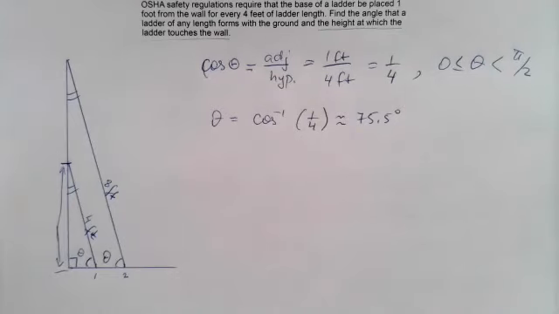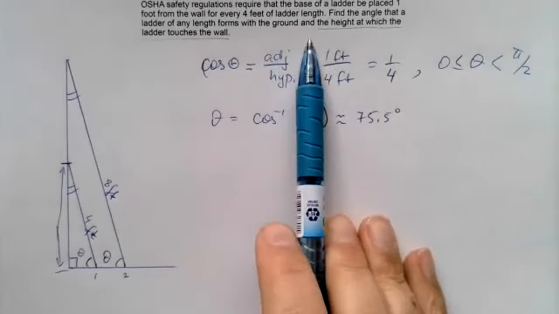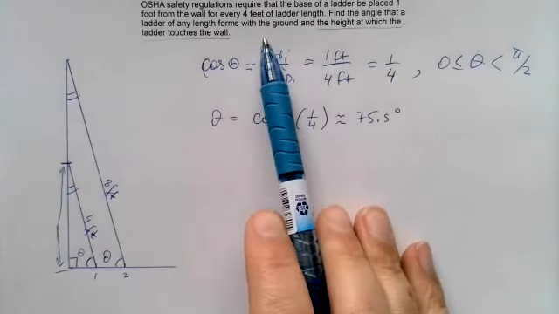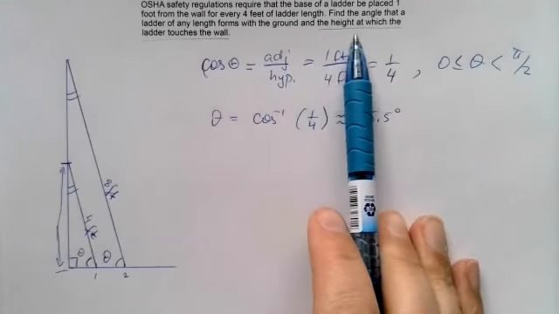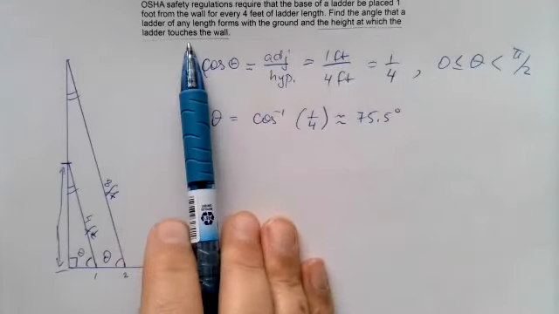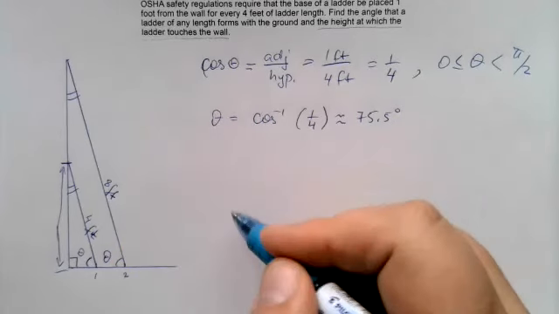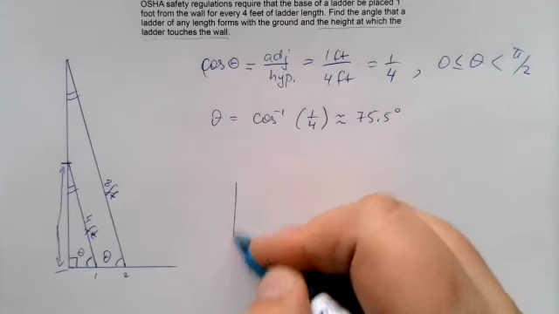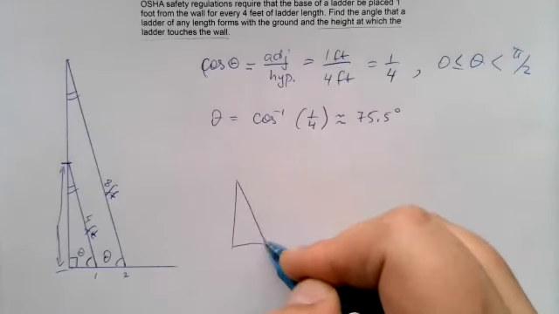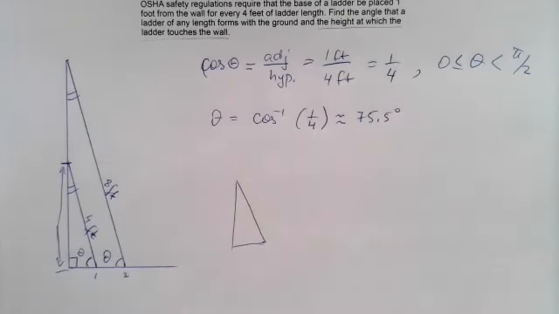Now our next problem is to write the expression for how we find the height at which the ladder touches the wall. And so what we said before is that these triangles are proportional, right?